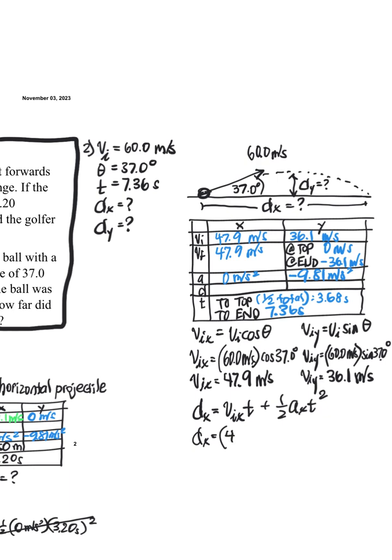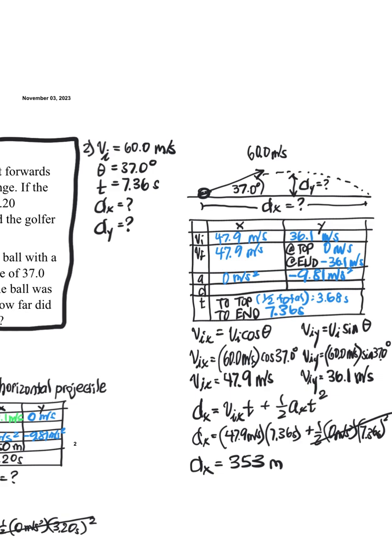We have 47.9 meters per second. We have the total time of 7.36 seconds, and then we have no x acceleration. So that back end of the expression is going to fall off. So we have 47.9 times 7.36. And so that ball goes 353 meters.